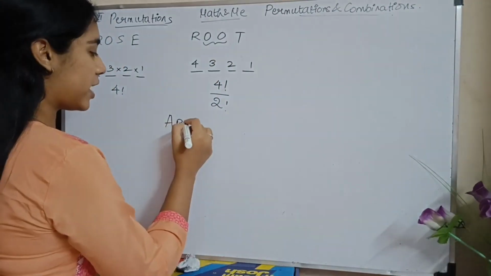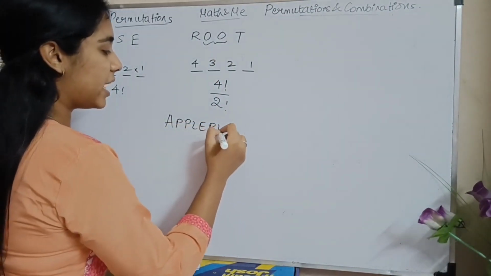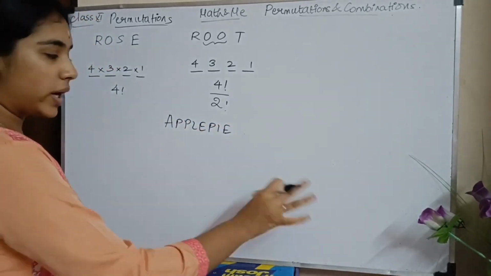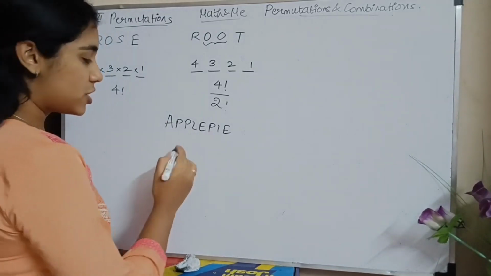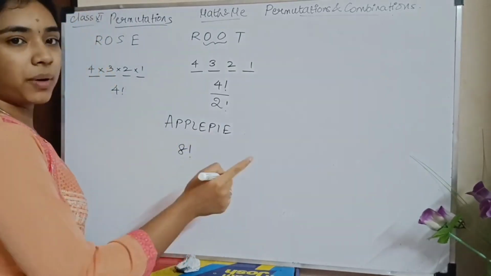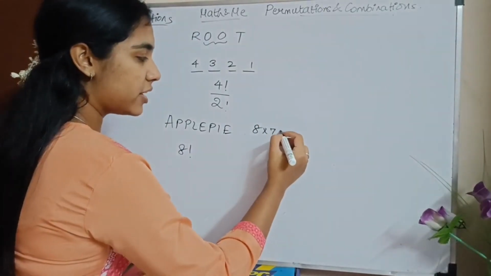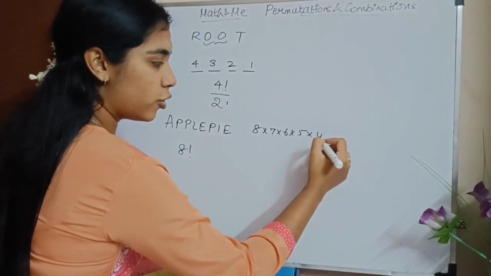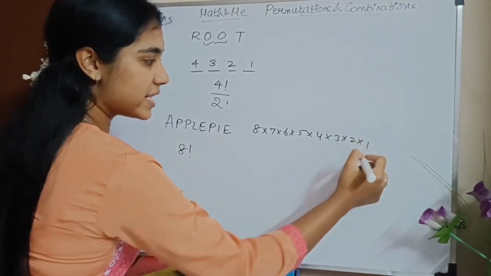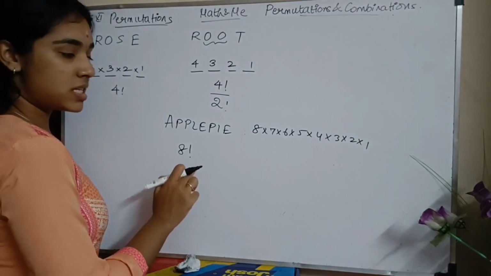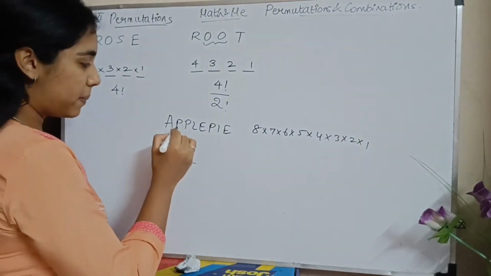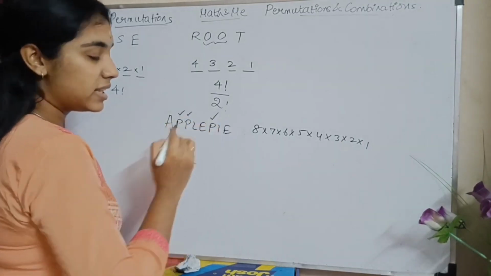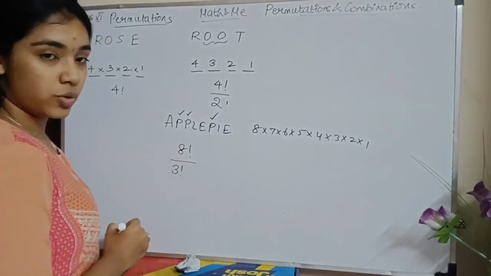Okay. For example, if you have APPLE PIE. This is one word. So I have 1, 2, 3, 4, 5, 6, 7, 8. So 8 factorial ways to arrange this. I'll have 8 into 7 into 6 into 5, 4, 3, 2, 1. So basically I have 8 factorial ways of representing this apple pie. But how many repetitions do I have? P, P, P. So I'll have 3 P's, so 3 factorial.